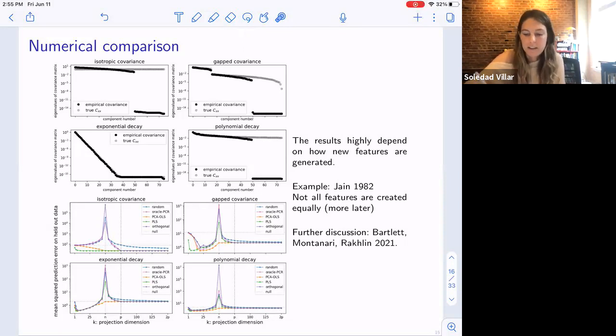There's this classical book by Jaynes in 1982 that provides some examples where, if you generate more features, your predictions become worse. This discussion of what it means to have more features is covered in the recent book by Bartlett, Montanari, and Rakhlin, The Statistical Theory of Deep Learning.